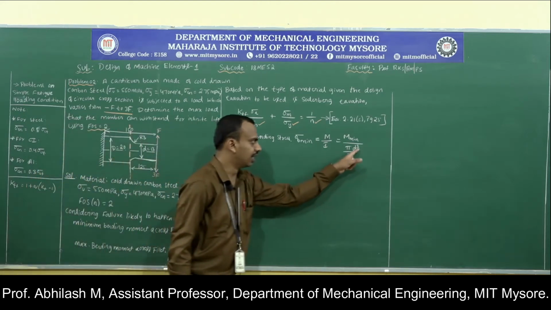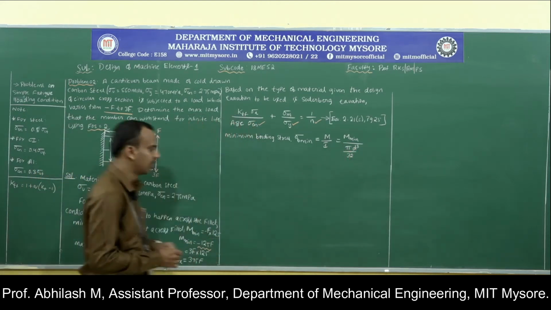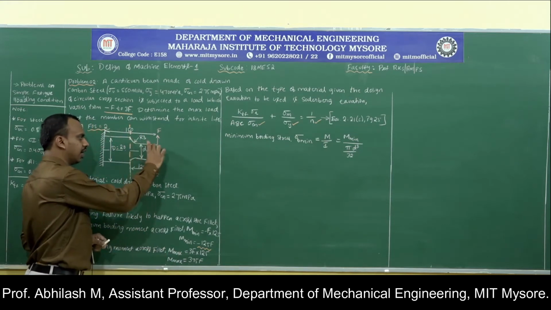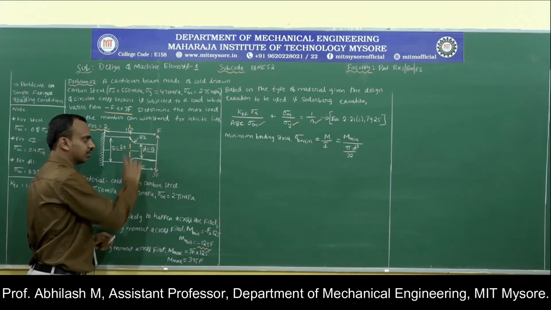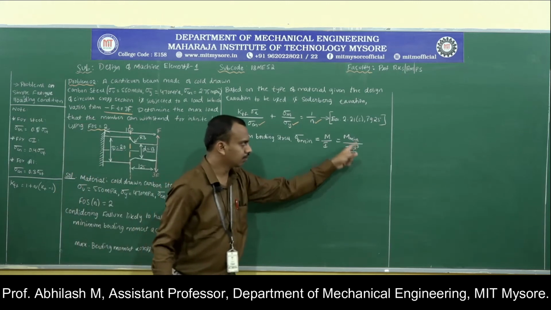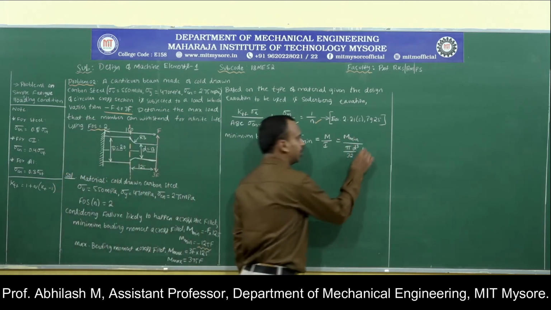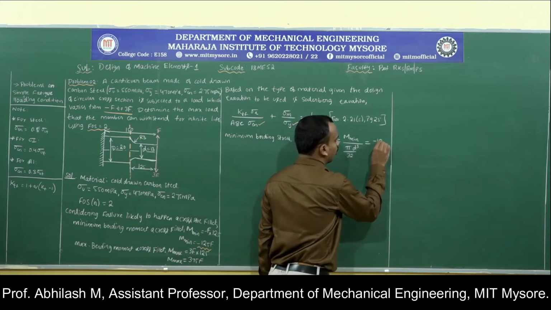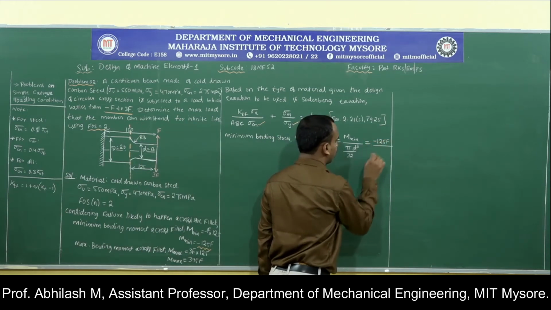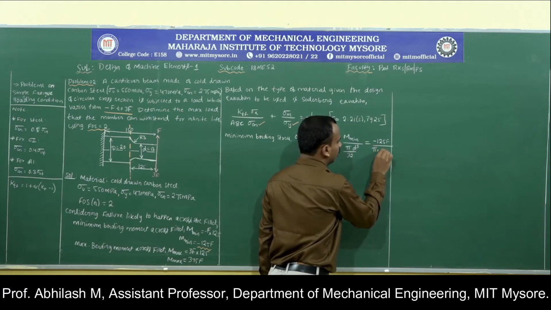Now, what is this d? It is the diameter of the region we are considering, the filleted region. So, the diameter is 13 and the bending moment is minus 125 F. Substitute that: minus 125 F divided by pi into 13 cubed divided by 32.